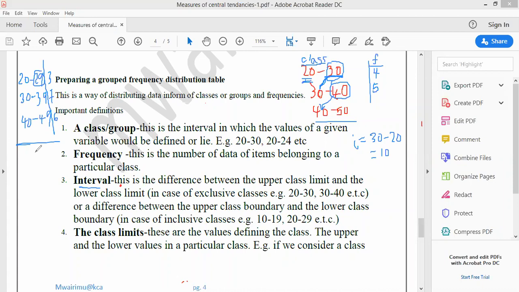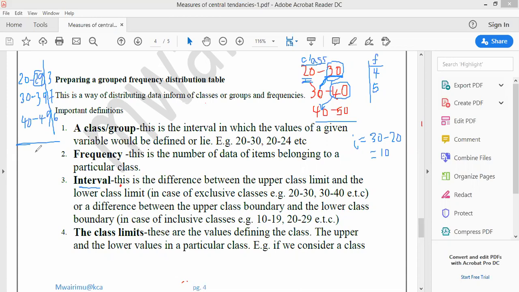I repeat, when we are constructing the histogram, computing the median, computing the modal variable, and also when we are drawing the ogive, usually we go for the class boundaries. They are the true mathematical values which tell us where the boundary is between any two adjacent classes.